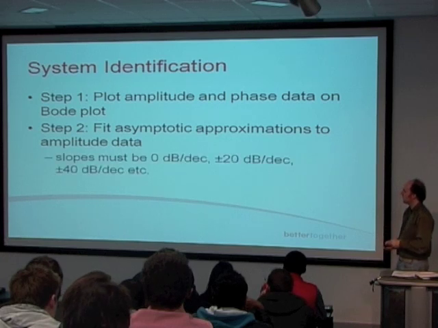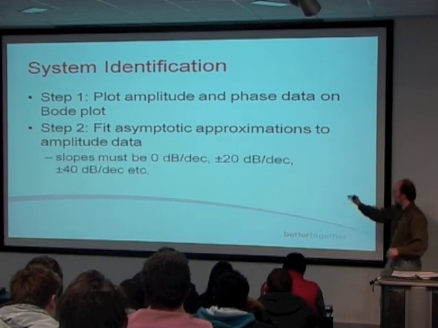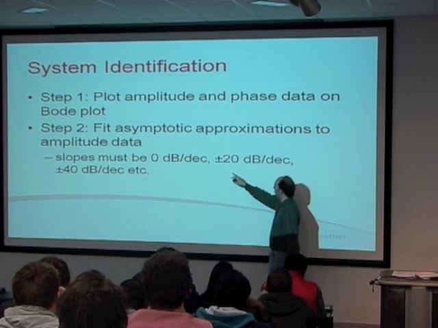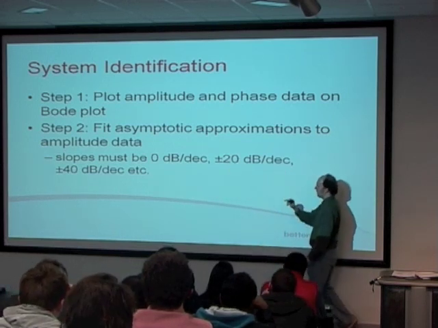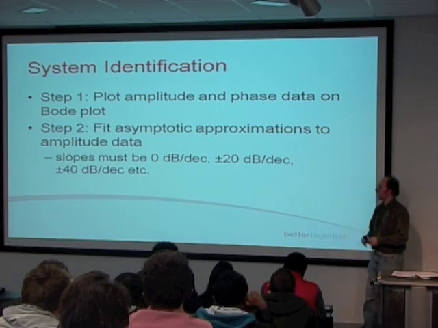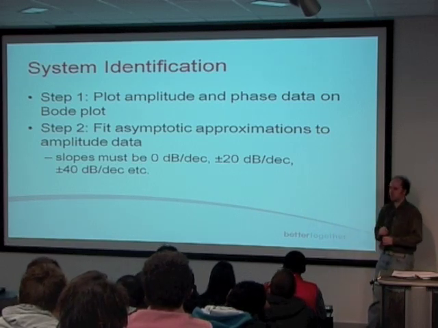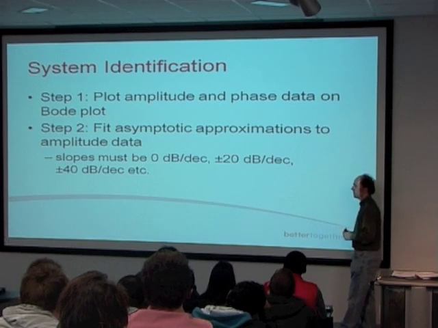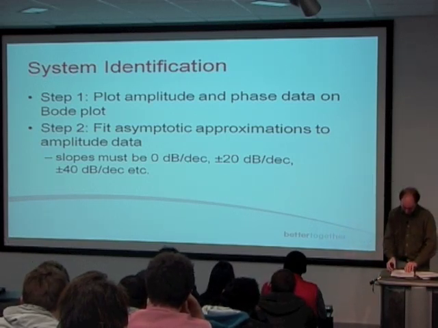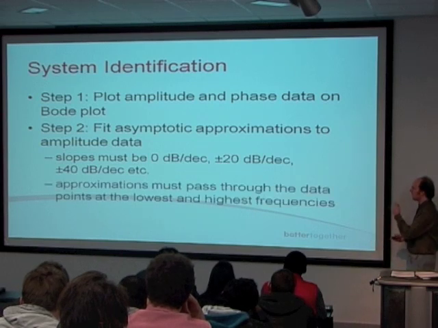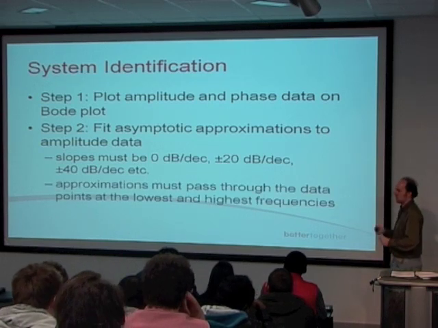Those straight lines must be multiples of 20 dB per decade: 0, plus or minus 20, plus or minus 40, plus or minus 60, etc. Due to the way that we've worked out amplitude ratio, 20 log the amplitude ratio. And approximations must pass through the data points at the lowest and highest frequencies.